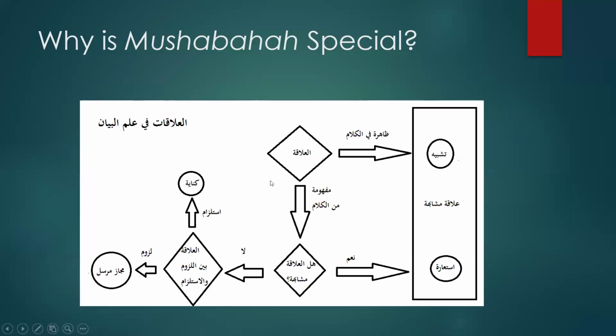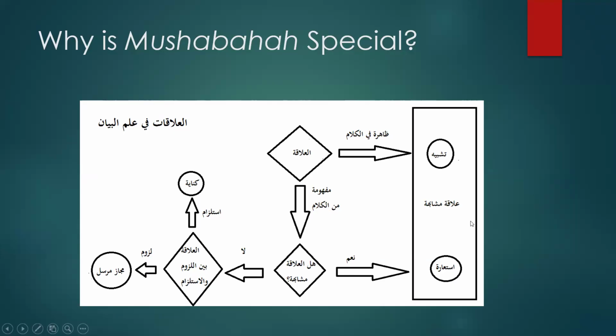Moving forward, we're running low on time, but inshallah this should be relatively straightforward. Look at the alaqa: is the alaqa literally mentioned in the speech? If so, then it's tashbih. If it's understood but not literally spelled out, then the question is, is the alaqa mushabaha?